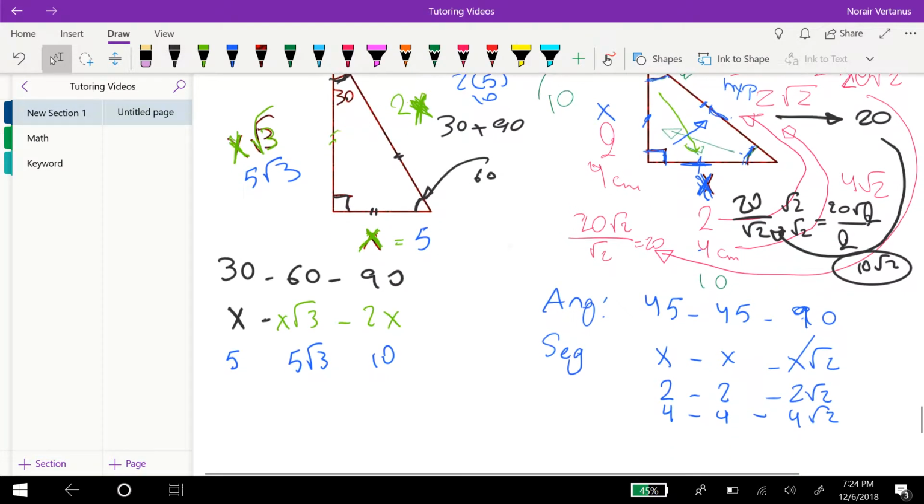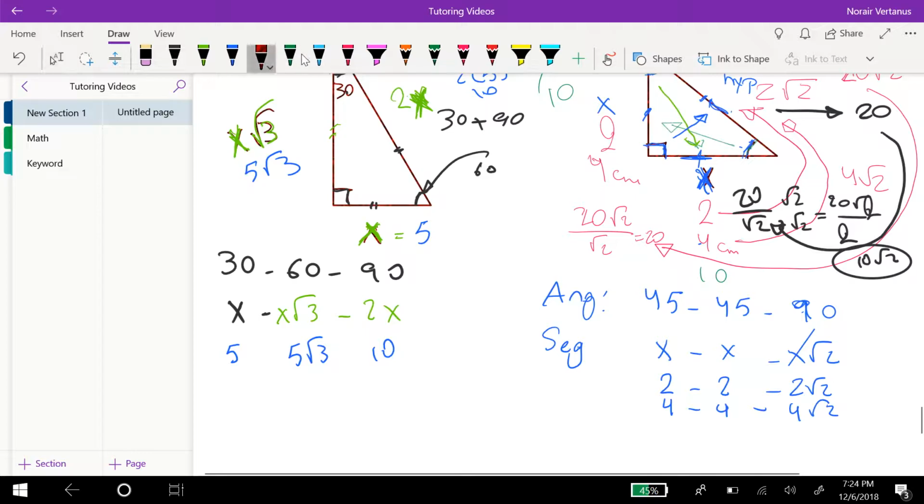So that's the thing. And then one more example, if the shortest leg is 12, then the side opposite to 60 is going to be 12 rad 3, and the hypotenuse is going to be 24.